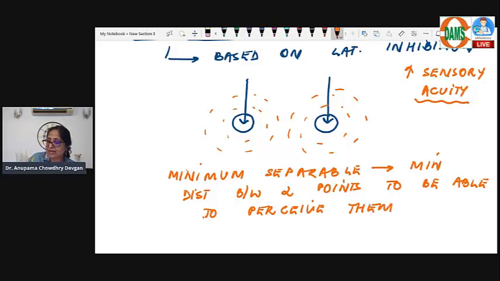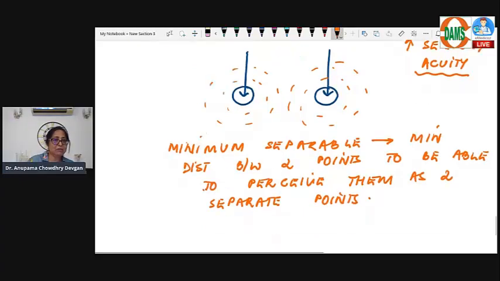That is known as minimum separable, in two-point discrimination.